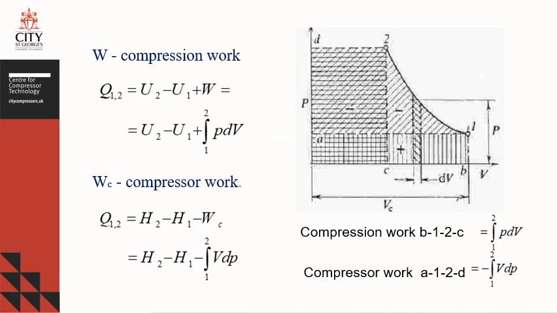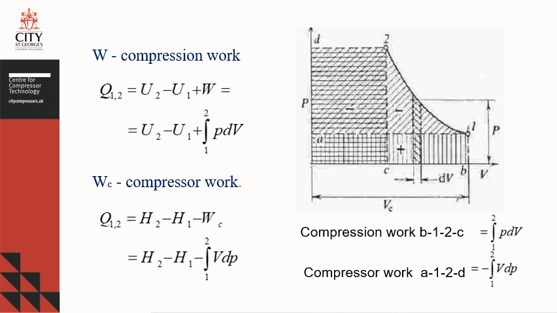This sum of works is called compressor work WC, which compared with thermodynamic work W contains the admission and discharge work. This is presented in the PV diagram, otherwise in engineering thermodynamics called work diagram.